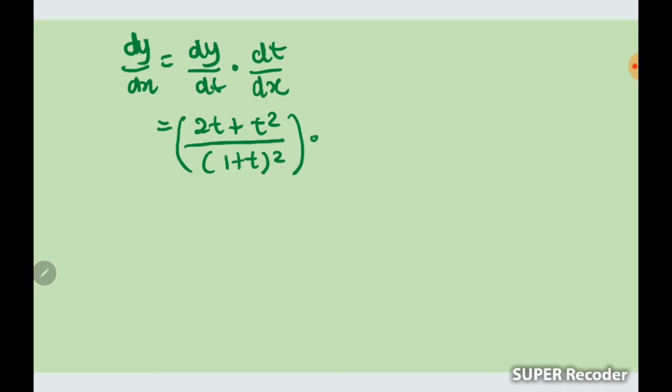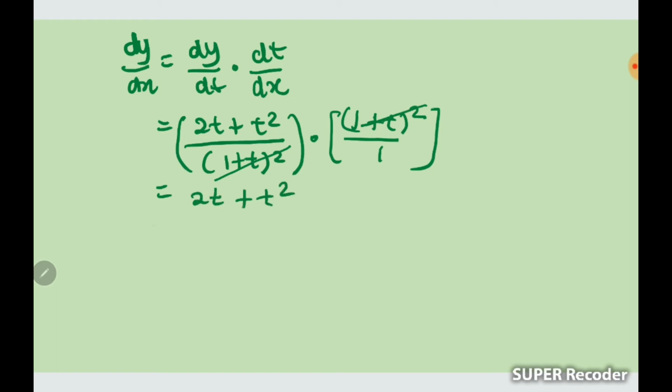Okay, so what is dt/dx? dt/dx is given as (1 plus t) squared divided by 1. Then we solve the equation. You can see that we can cancel out (1 plus t) squared here, so the answer is 2t plus t squared. Then we factorize t, and inside the bracket we have 2 plus t.